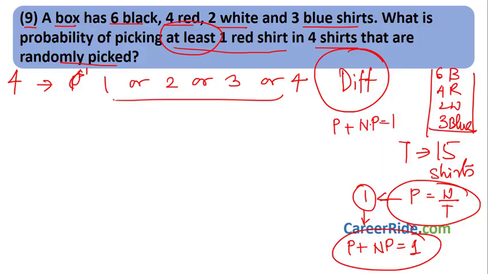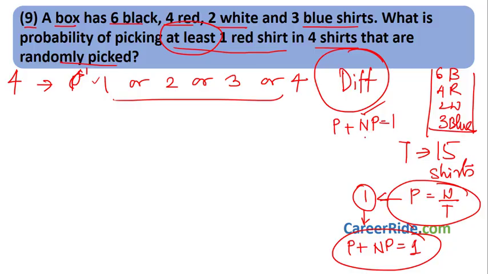Now why did I say no red shirt at all? Because at least one includes 1 red shirt or 2 red shirts or 3 red shirts or 4 red shirts. So all these possibilities regarding red shirts are gone, and you can have only 0 red shirts where at least one red is not there. If we choose 2 red shirts, at least one red comes; 3, at least one red comes; 4, at least one red comes.